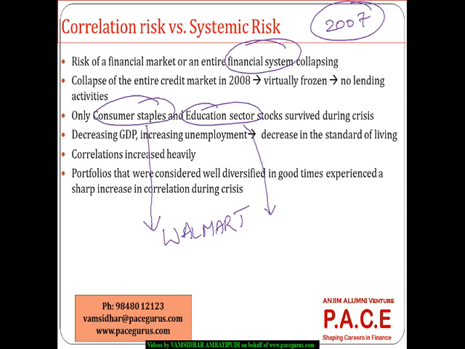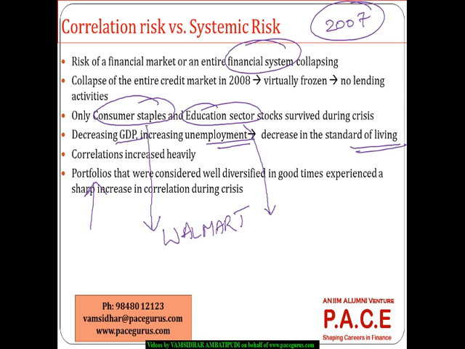So these two sectors were doing extraordinarily well during the crisis, and of course the health sector also did decently well, but all the remaining sectors collapsed quite drastically, which means the correlation between them was much higher. One, because the GDP was decreasing, unemployment was increasing, so the overall standard of living of the people has gone down drastically. So what is the simple logic from there?